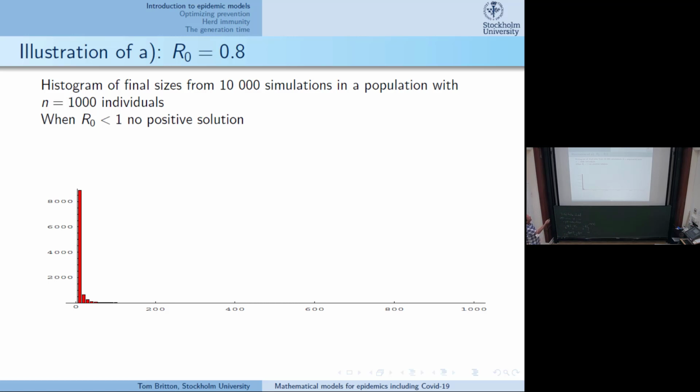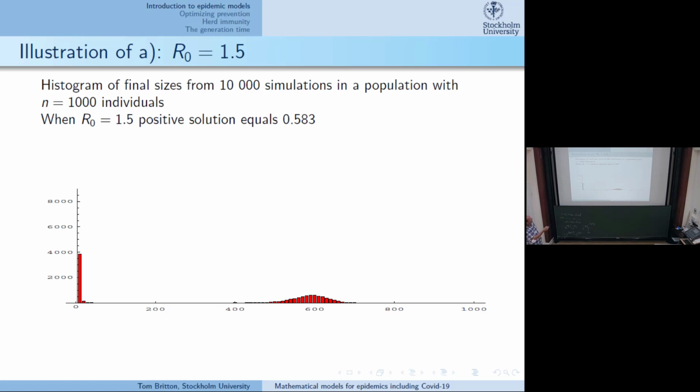But anyway, here R0 is smaller than 1, and I've simulated an epidemic in population 1,000, 10,000 times, and all I've saved is the final fraction getting infected, and we see that when R0 is smaller than 1, they're all small, whereas if R0 is bigger than 1, there's a 2-point distribution, small outbreaks and big outbreaks, and of course they're not all concentrated here, but when R0 is equal to 1.5, the numerical solution to this equation says 58.3%, and we see that the top of this normal distribution lies slightly below 600, so it agrees with this.